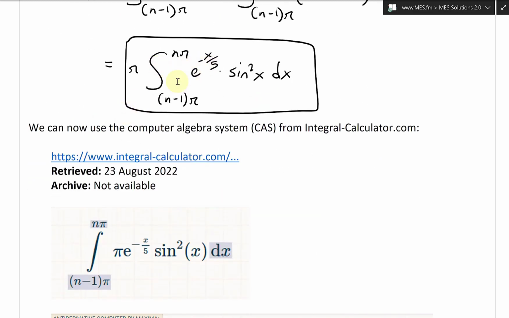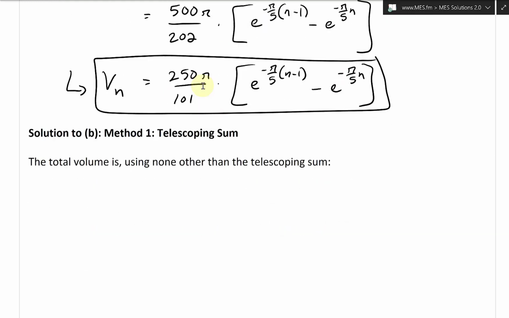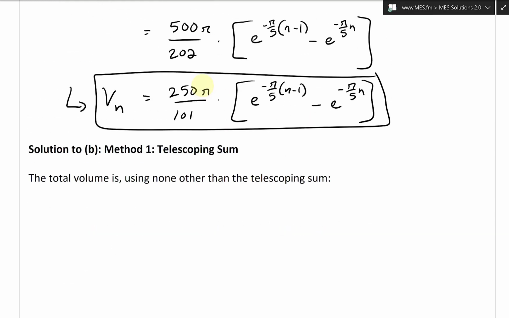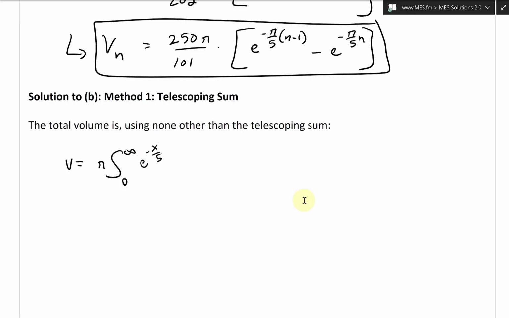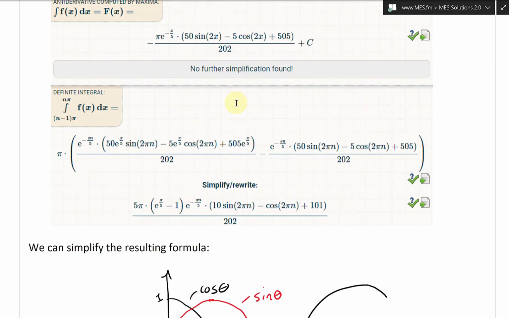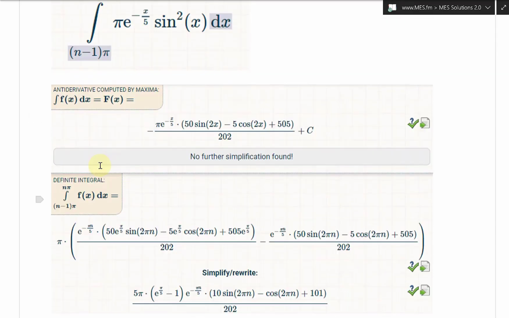So the total volume is V equals pi, take pi out of there, integral from 0 to infinity of e to the negative x over 5, times sine squared of x, and all dx. And let's just double check that here. So yes, that is right here.